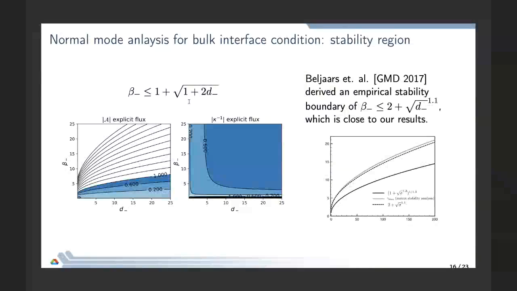There was a very interesting work from Belgium in 2017. They derived an empirical stability boundary for this coupling problem. Surprisingly, the empirical formula they derived in their paper is very close to the analytical condition we just developed.